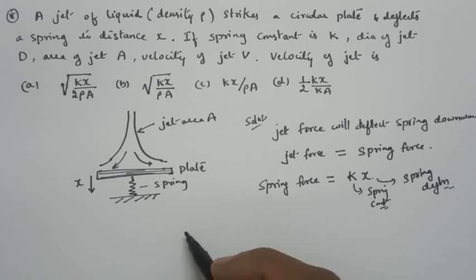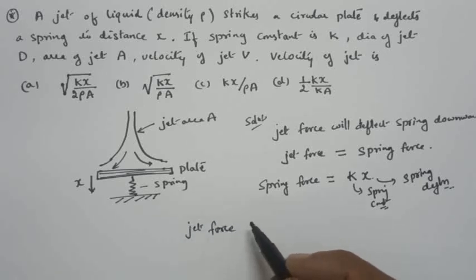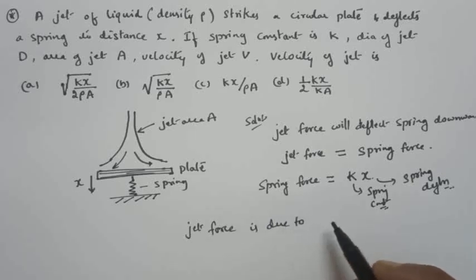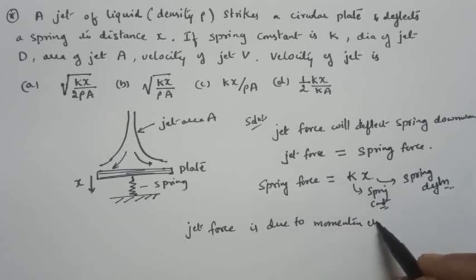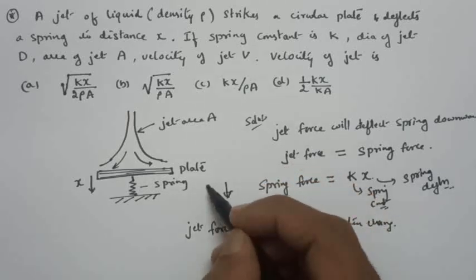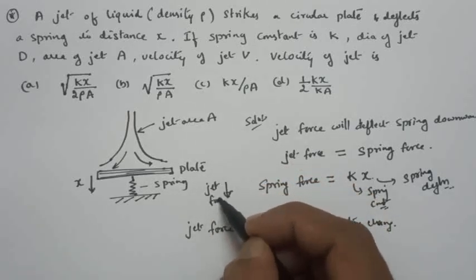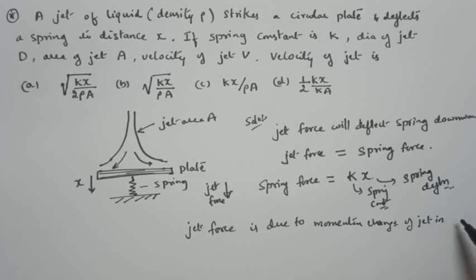So the jet force is due to momentum change. The jet force is acting downwards. So this is the jet force, the momentum change of the jet in the downward direction.